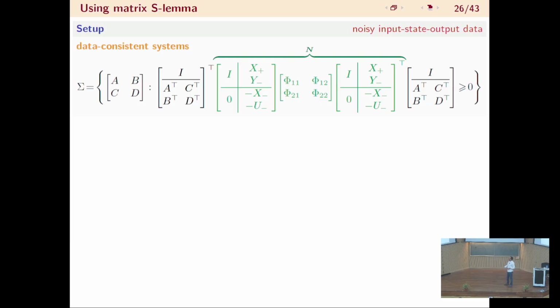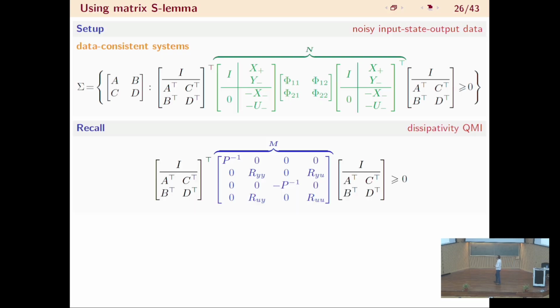So I have the noise model, the data, I can compute N. And the dissipativity QMI, I converted to a new one, which is given by this matrix M. And now, as you see, the unknowns are the same type, transpose of A, B, C, D matrix. Therefore, I can apply the non-strict matrix S lemma from the cookbook.